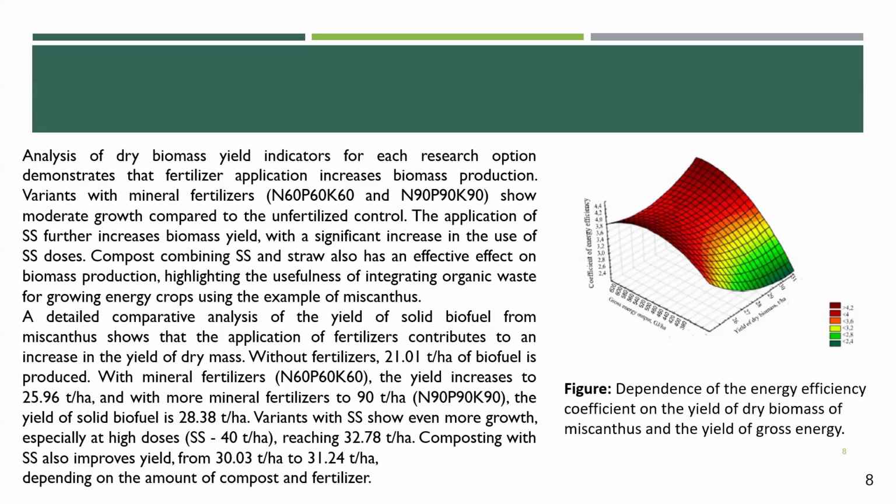for growing energy crops. Using the example of miscanthus, a detailed comparative analysis of the yield of solid biofuel from miscanthus shows that the application of fertilizers contributes to an increase in the yield of dry mass.